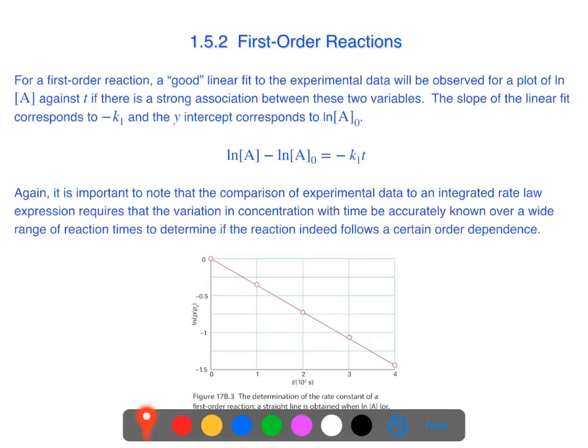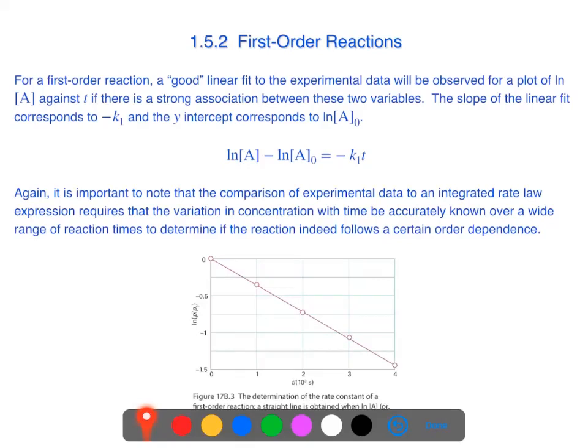The slope of the linear fit corresponds to minus K1, and the y-intercept corresponds to the ln of the initial concentration of A. Again, it is important to note that the comparison of experimental data to an integrated rate law expression requires that the variation in concentration with time be accurately known over a wide range of reaction times to determine if the reaction indeed follows a certain order of dependence.